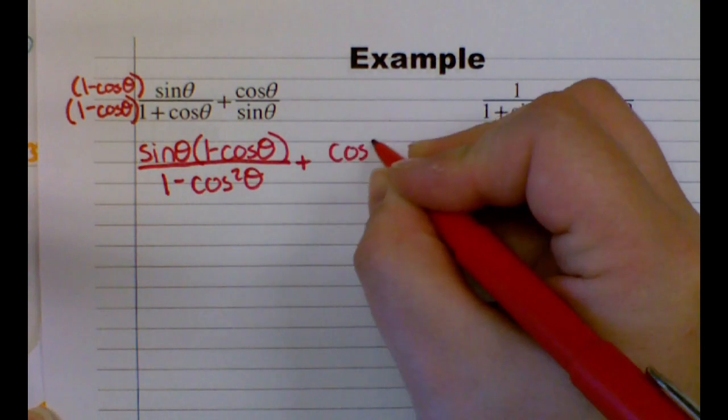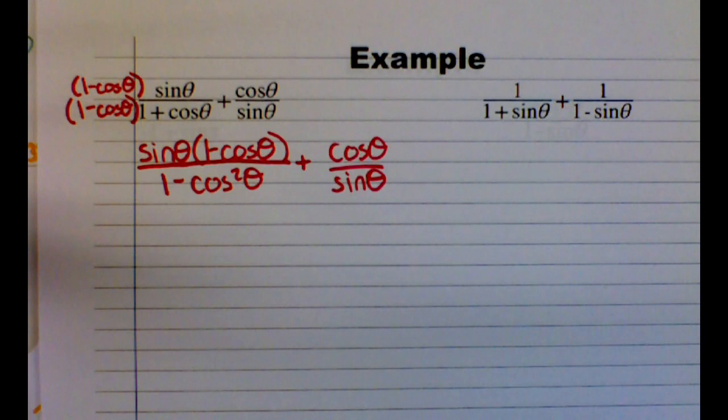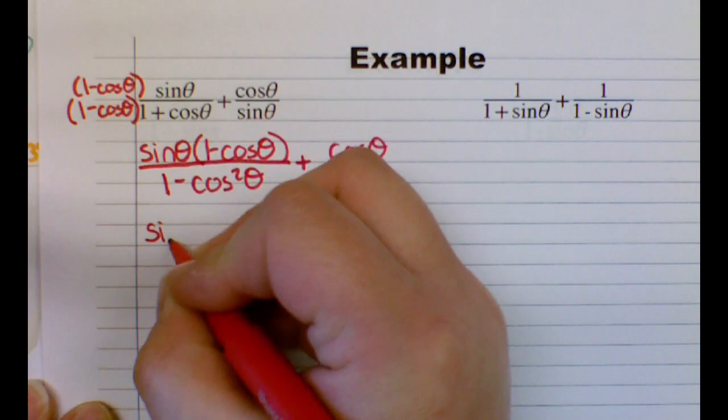It's 1 minus cosine squared of theta. And I didn't do anything to the second fraction yet. It's just along for the ride right now. 1 minus cosine squared of theta is sine squared of theta, one of my Pythagorean identities.